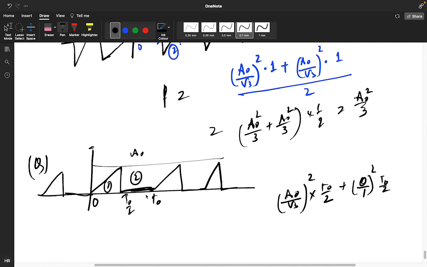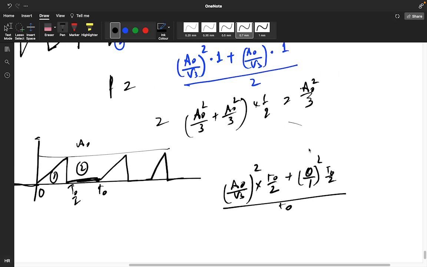The overall time period, after which it repeats, is T0. If you take the root, it will become the RMS value. The zero term is nothing, and T0 cancels out. So you will get A0 square by 6.